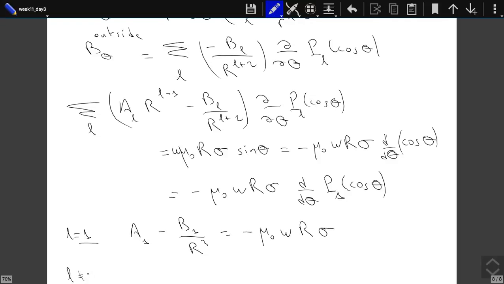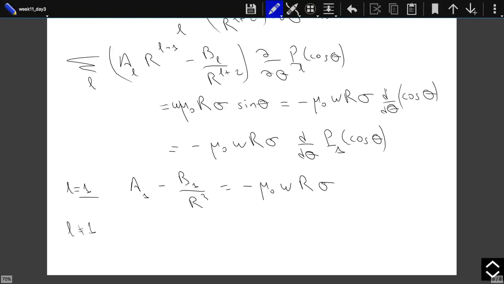For L different than 1, the coefficient on the left-hand side of PL of cosine theta is AL r to the L minus 1, minus BL over r to the L plus 2. And the coefficient of PL of cosine theta on the right-hand side for L different than 1 is 0. There's only P1. There's no other PL. So this is 0 on the right-hand side.